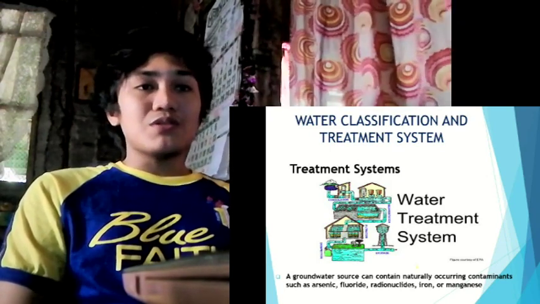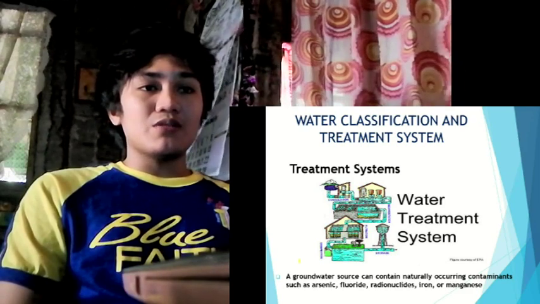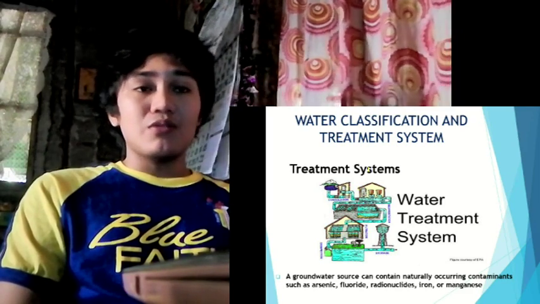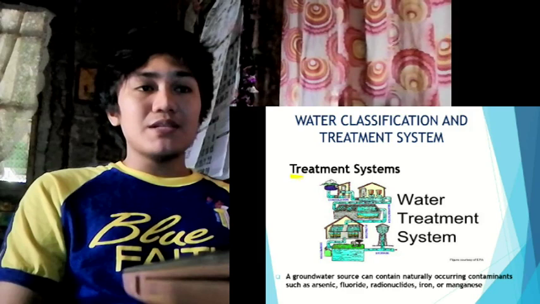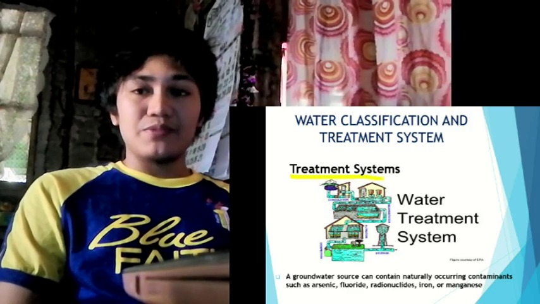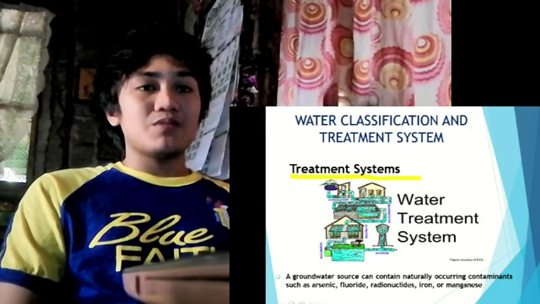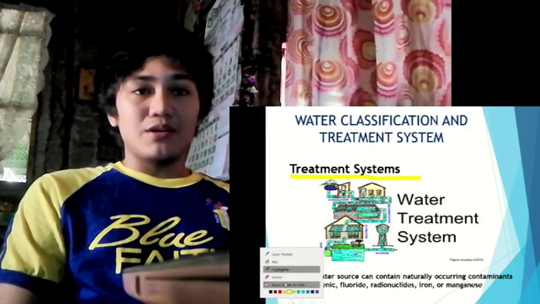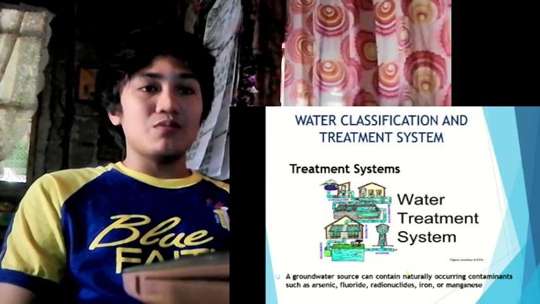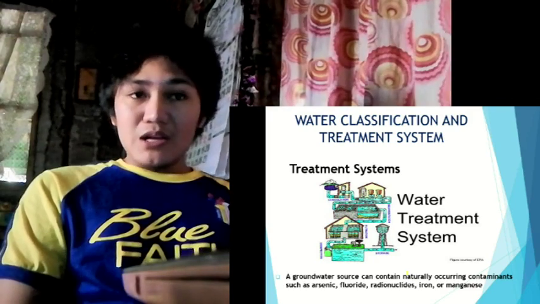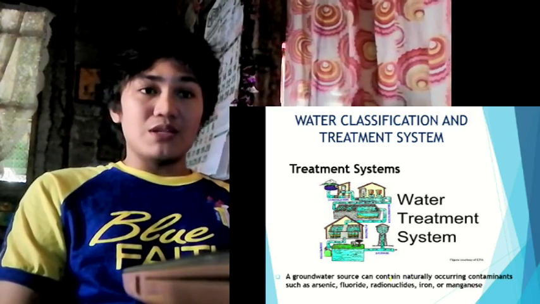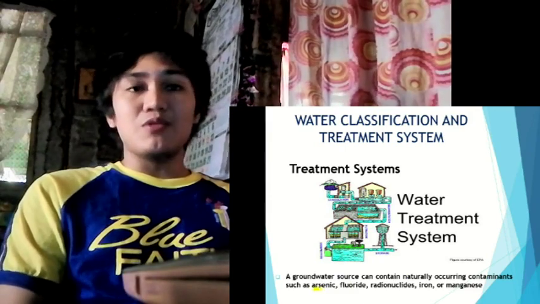A groundwater source can contain naturally occurring contaminants such as arsenic, fluoride, radionuclides, iron, or manganese. In this case, the water may be treated by adsorption, ion exchange, or precipitation processes to remove the contaminant. Groundwaters can also be contaminated by spills caused by humans.